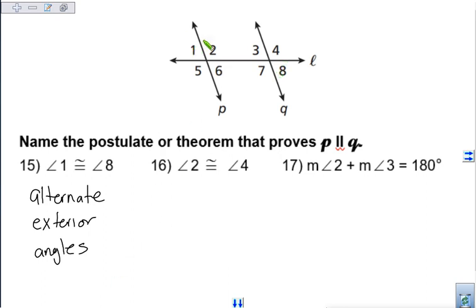Then we're looking at angles 2 and 4 being congruent. And these are on the same side of the transversal. One is inside of the lines being intersected, and one's outside of them. So that makes these corresponding angles.